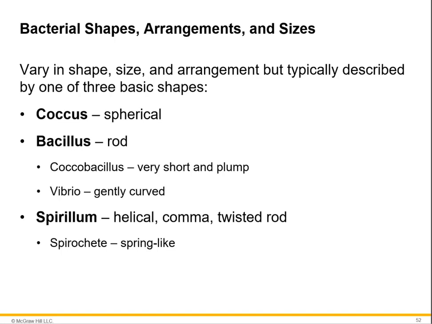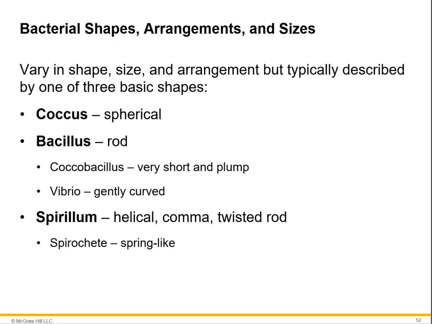Okay, on to bacterial shapes and arrangements. So bacteria are going to vary in shape, size, and arrangement, but typically we can describe them by one of three basic shapes. If they're spherical, describe them as a coccus. If they are rod-like, so longer than they are wide, they're going to be a bacillus.